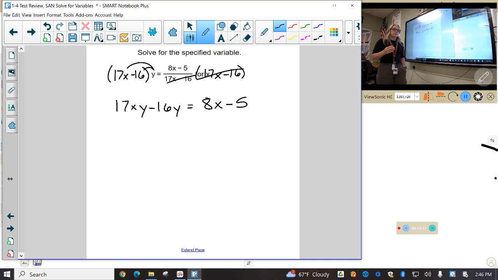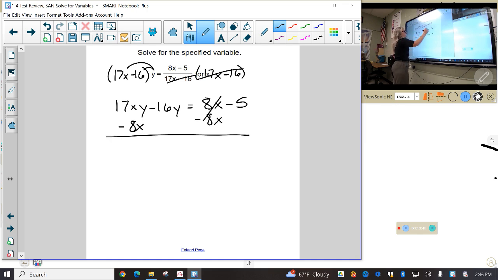Okay, we've done a couple of these already, so we're using the same rules. We're getting the x's on the same side, everything else on the other. So get this one x over here, get that 16y over there. So I'm subtracting 8x. So I have 17xy minus 16y minus 8x equals negative 5.